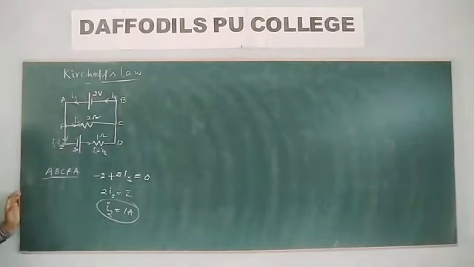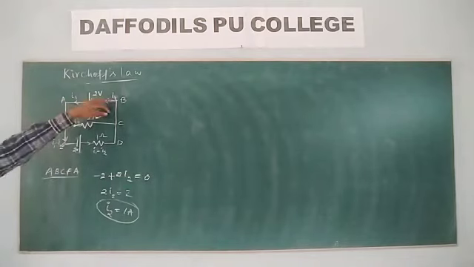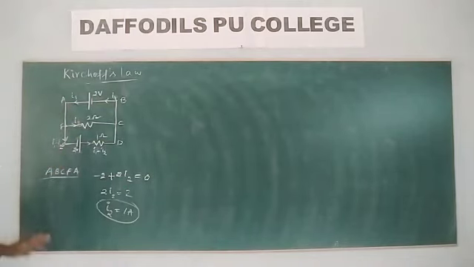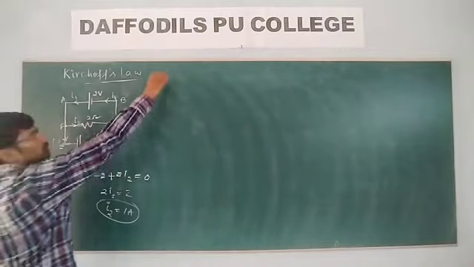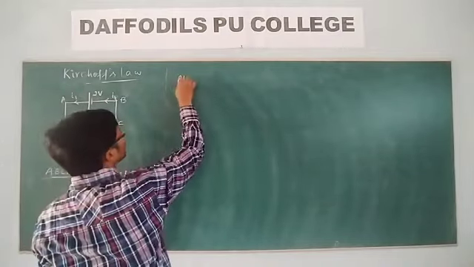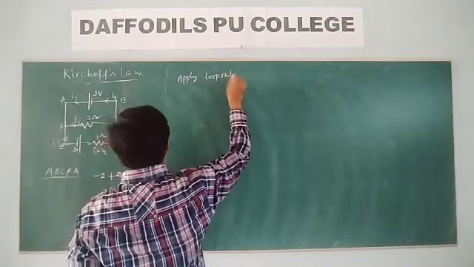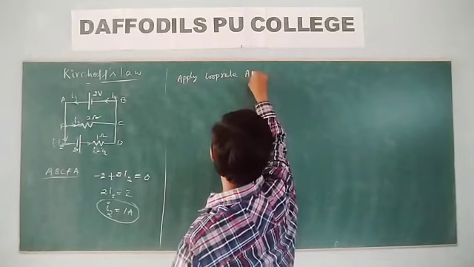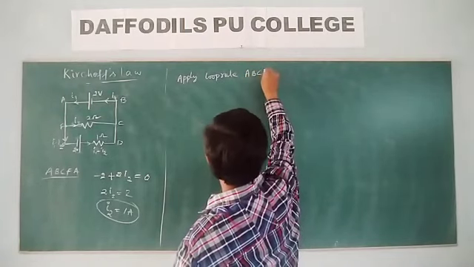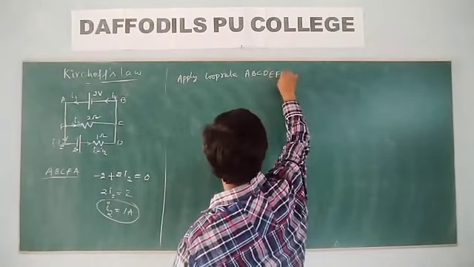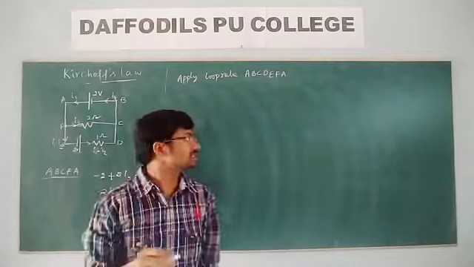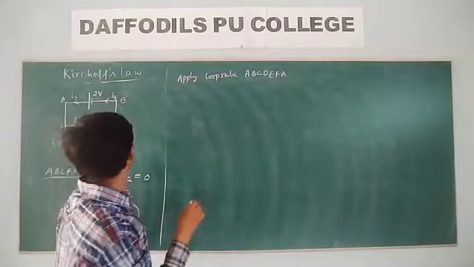Now you need to find even the current flowing through this 1 ohm resistor. Apply the same rule, the loop rule, for the loop A, B, C, D, F, A. So what do you have here?